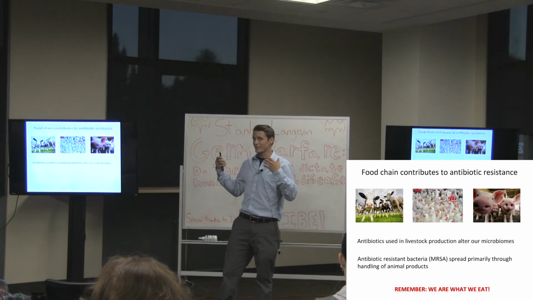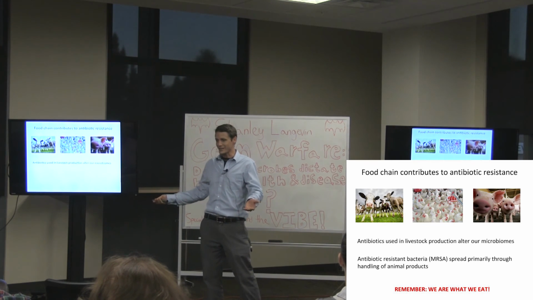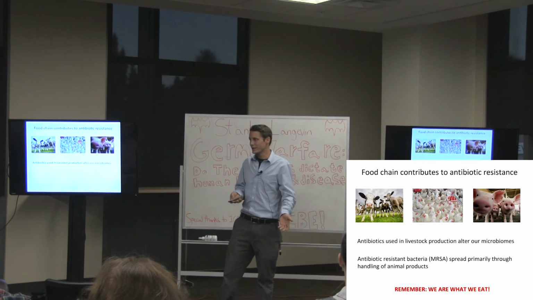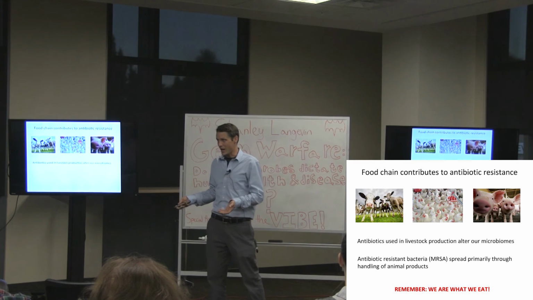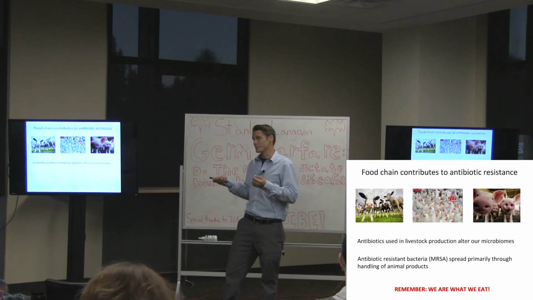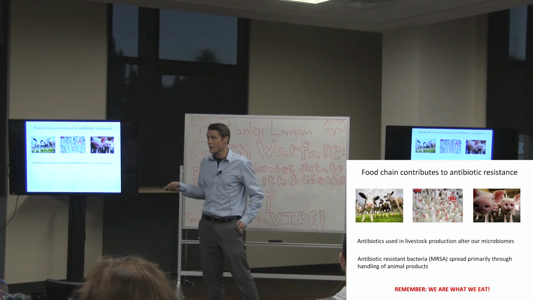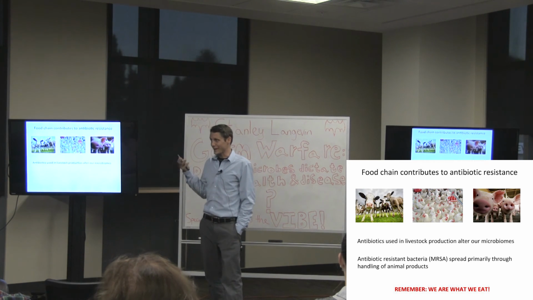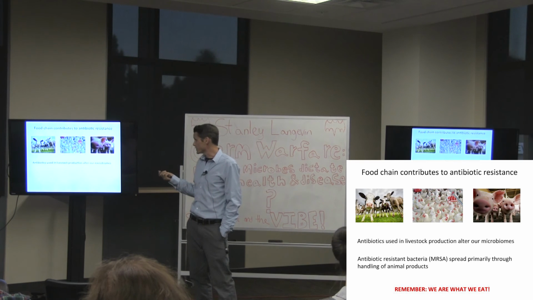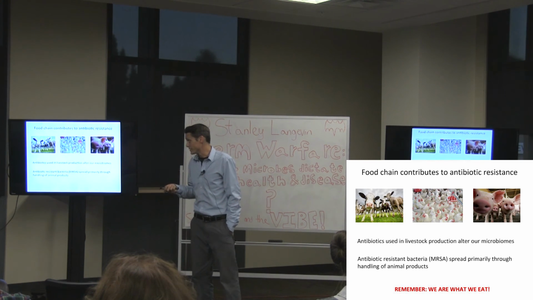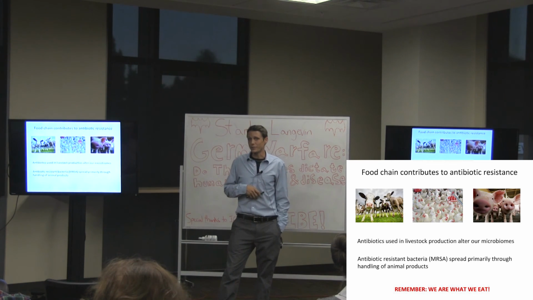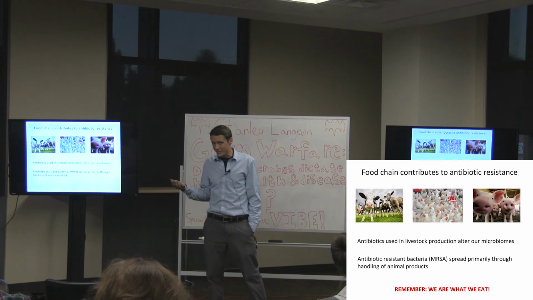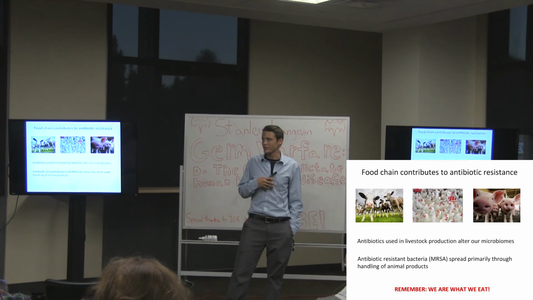When you have an animal that's full of antibiotics and you kill it and then you serve it to me, I am consuming those antibiotics, and it's been shown that the antibiotics from meat can actually change your own microbiome. So you're giving yourself low doses of antibiotics by eating your antibiotic chickens and your cows and your pigs. The other one that was really big to me was that these antibiotic-resistant bacteria, things like MRSA, are basically being shown in the clinics.